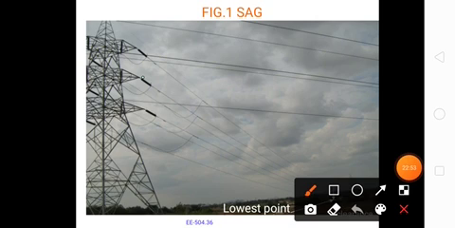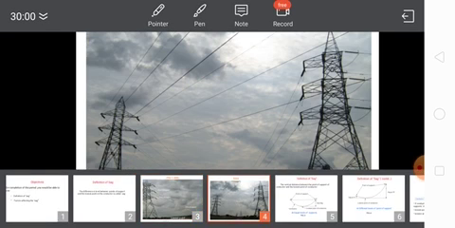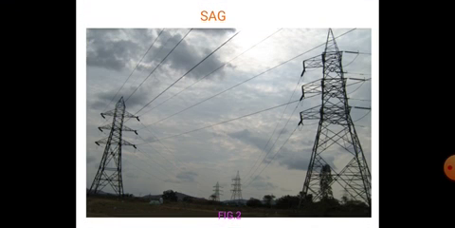So this is the conductor, this is the lowest point on the conductor, and here it is the sag.